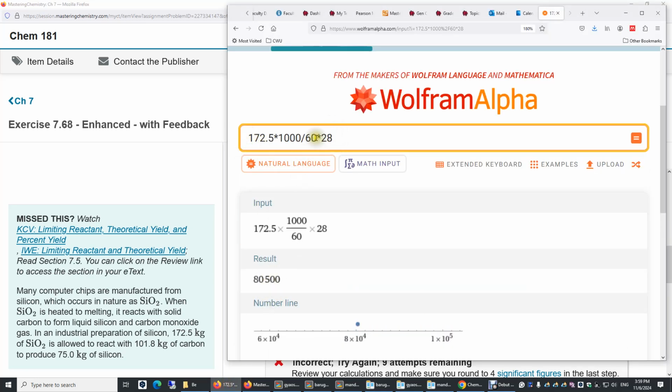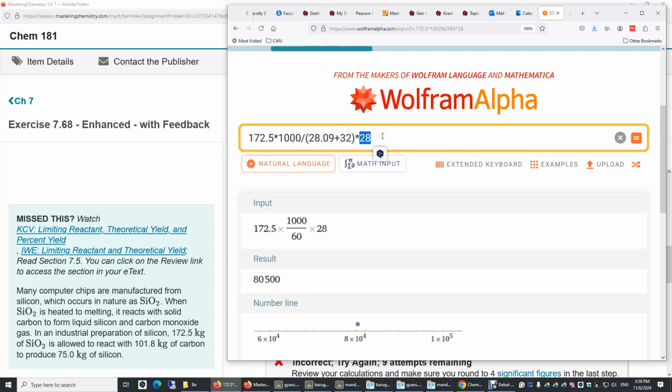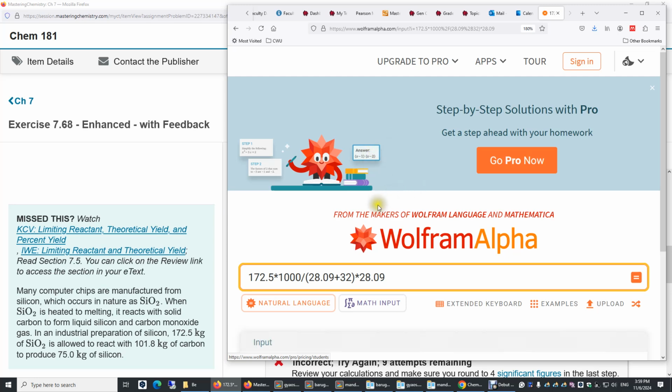I think it's mainly because when I look at the molar mass of silicon, I used 28. It's 28.09, and then plus 32, and over here I need 28.09. That way I can get 4 sig figures.